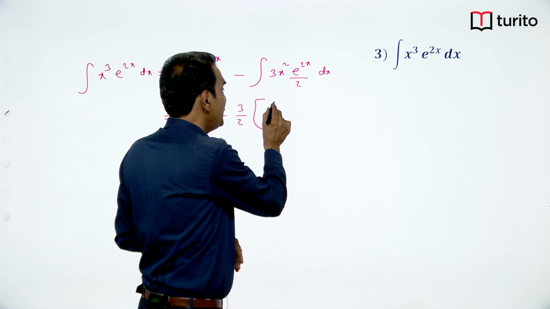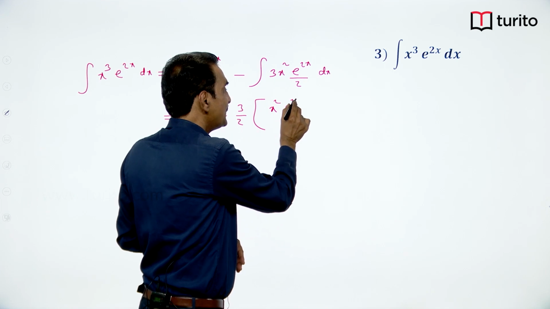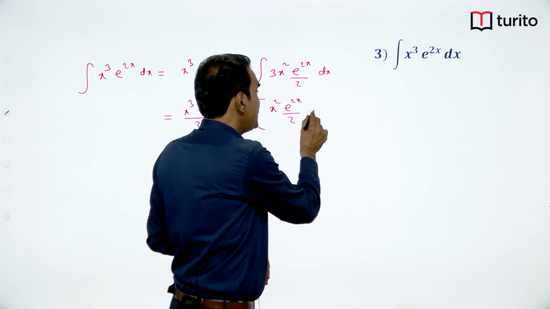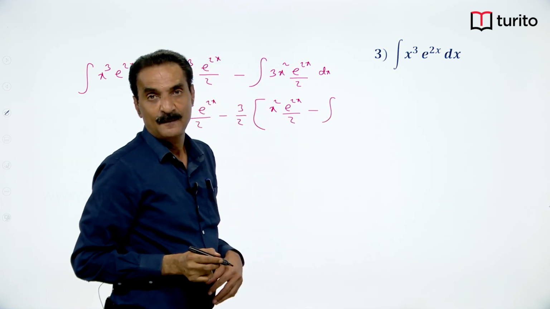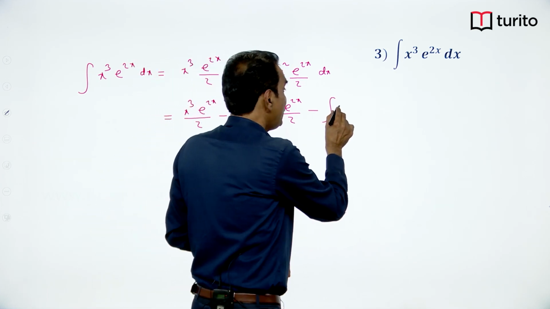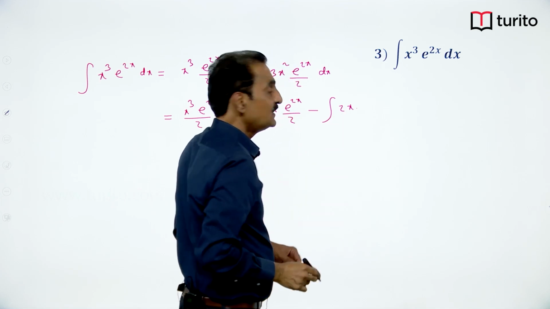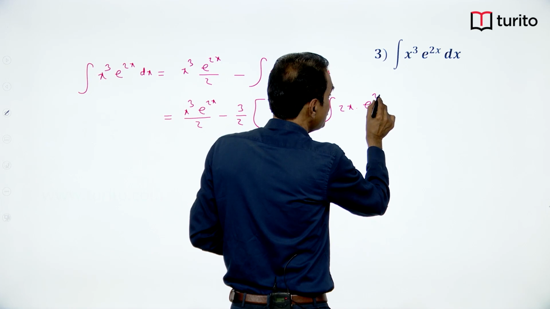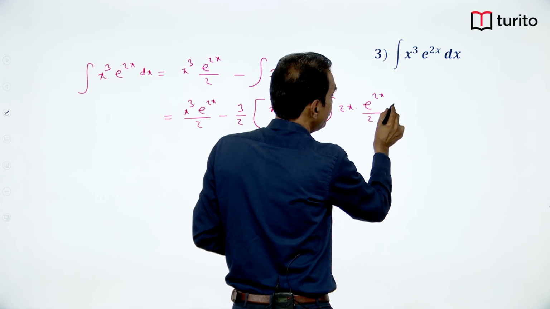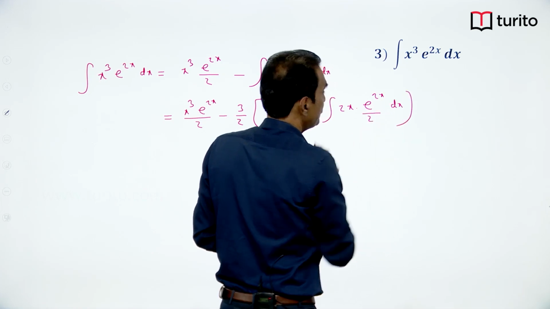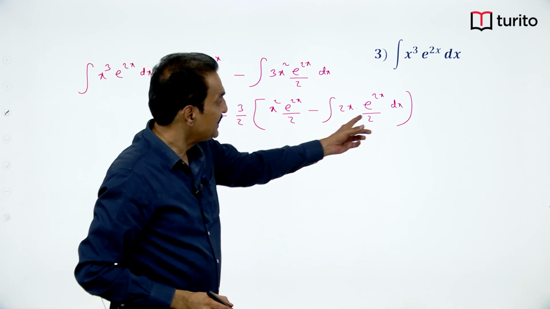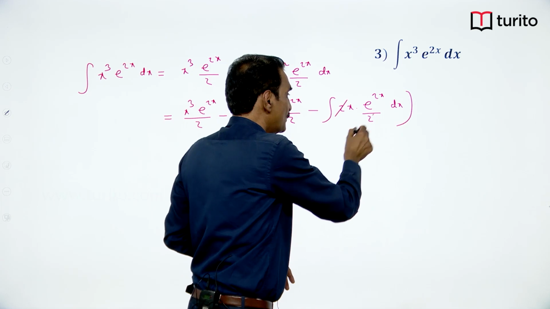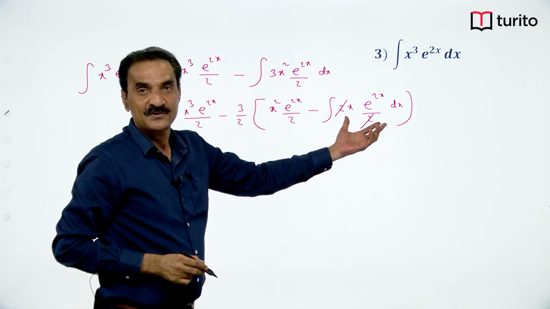First function into integral of the second, e power 2x by 2, minus integral derivative of the first function 2x into integral of the second function e power 2x by 2. Again this is integral of a product, cancel 2, we have to integrate by parts again.